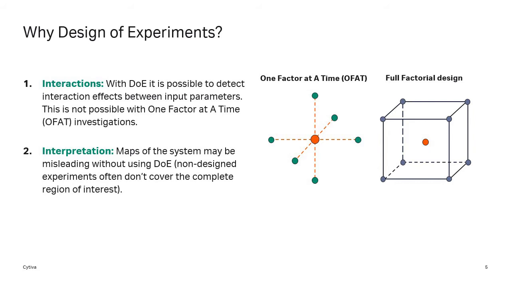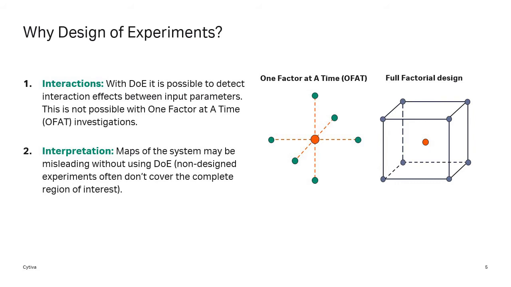You can see that we are changing in the X, Y, Z directions, one direction at a time only, going to the different green points there. So you can see, of course, that we never approach a corner point of our experimental space, and in effect, we don't even cover the three-dimensional room where these three parameters will live for our process.